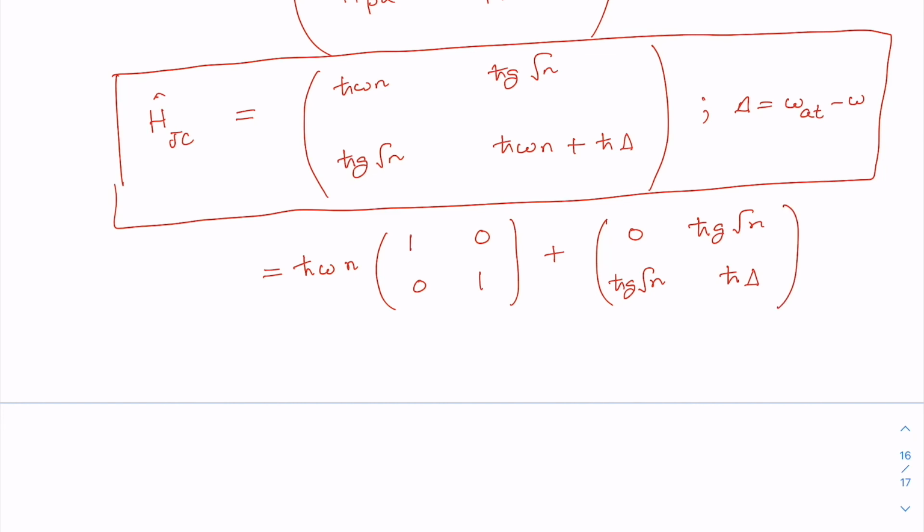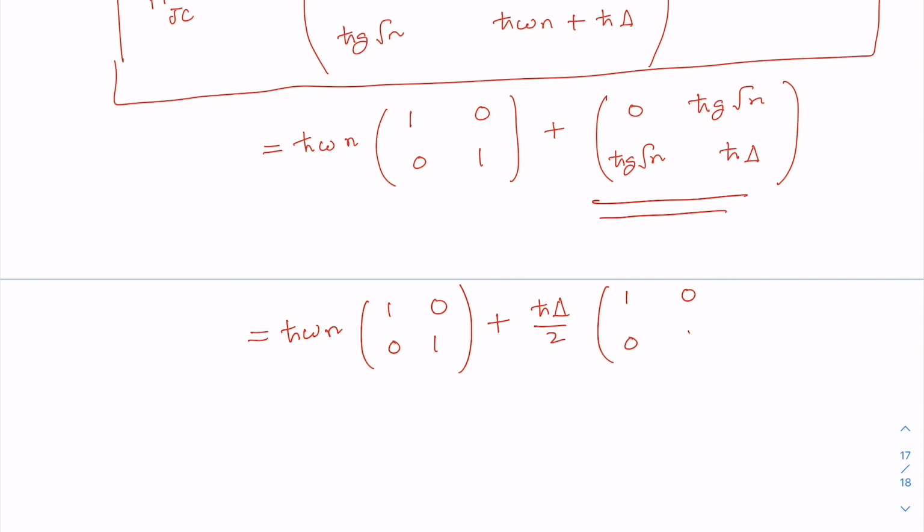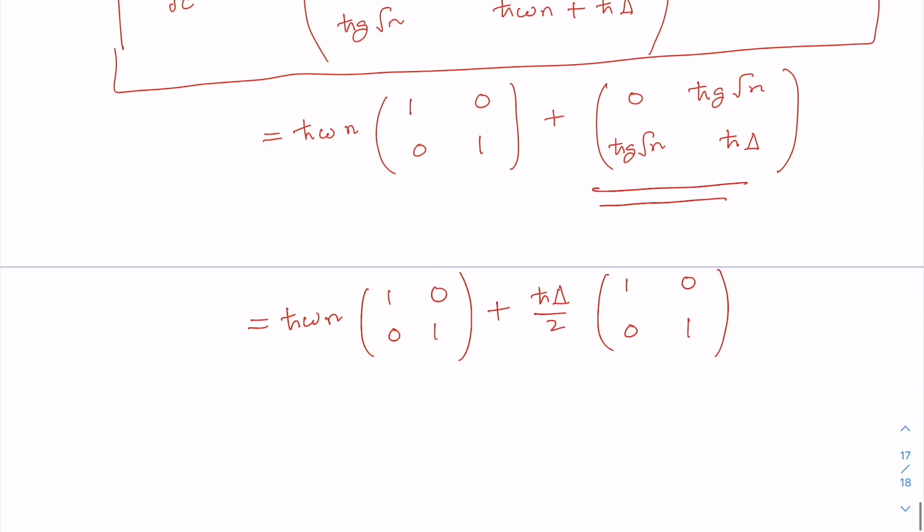It's easy to see, right? And then I can further write this as ħωn times the identity, and this further as ħΔ/2 times the identity, and I have −ħΔ/2 here, and here I write ħΔ/2.